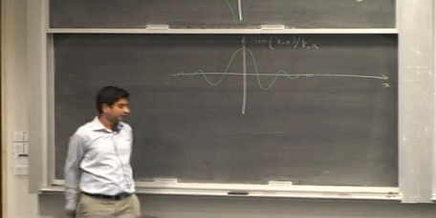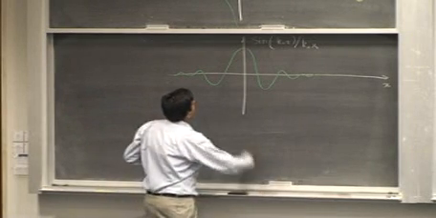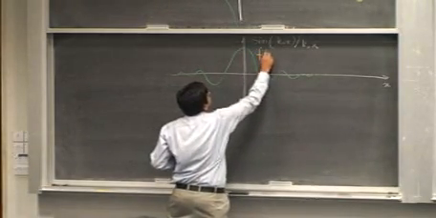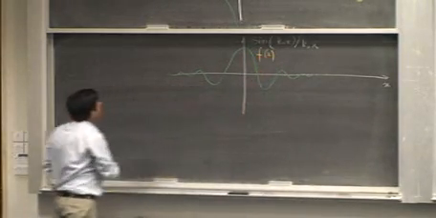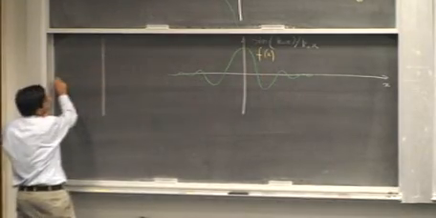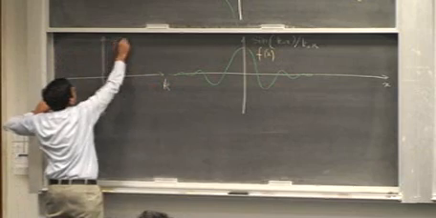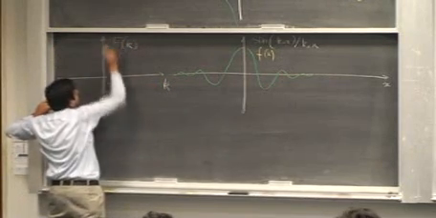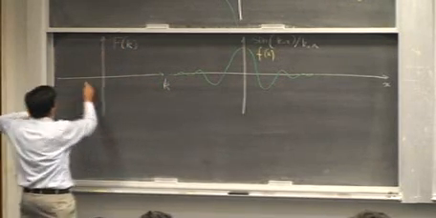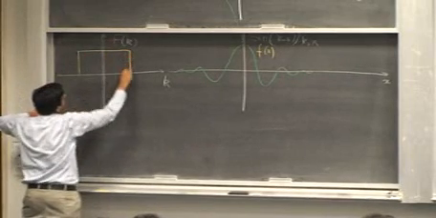Okay? So this is your f of x, and if I would like to plot f of k here, which is the Fourier integral, the Fourier integral looks like this.